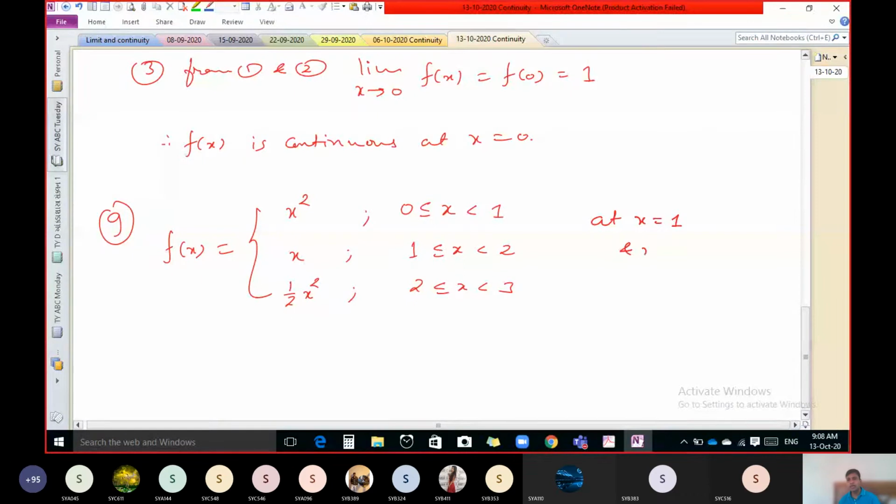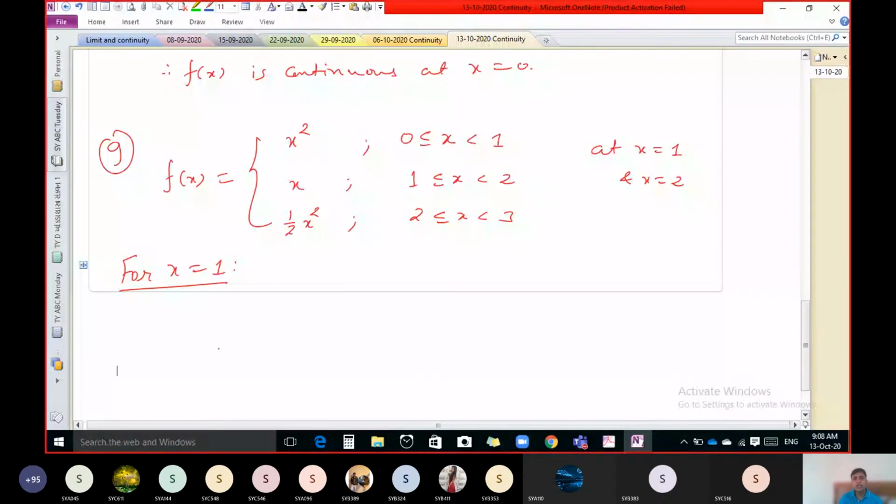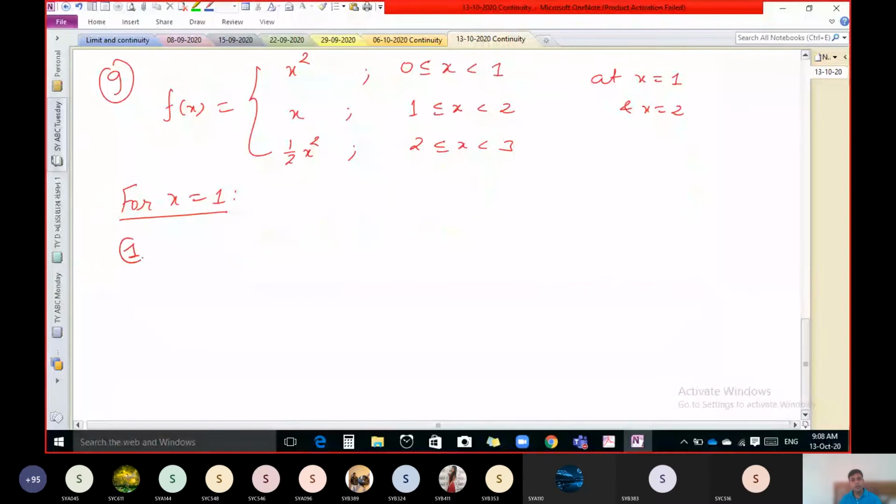So at x equal to 1 and at x equal to 2, we have to prove that the function is continuous. So let us check all three conditions for x equal to 1. First one, f of 1.